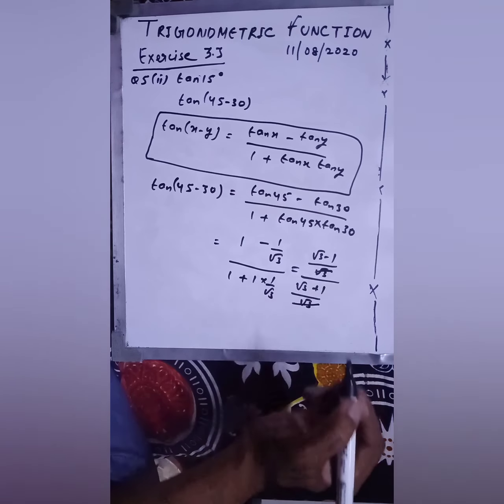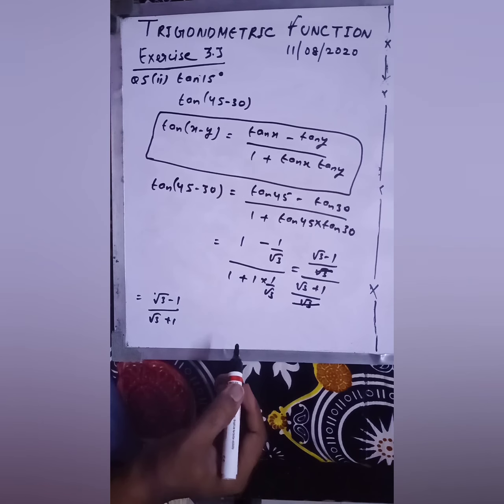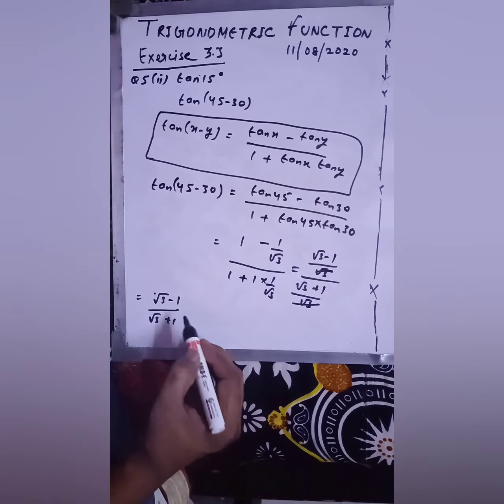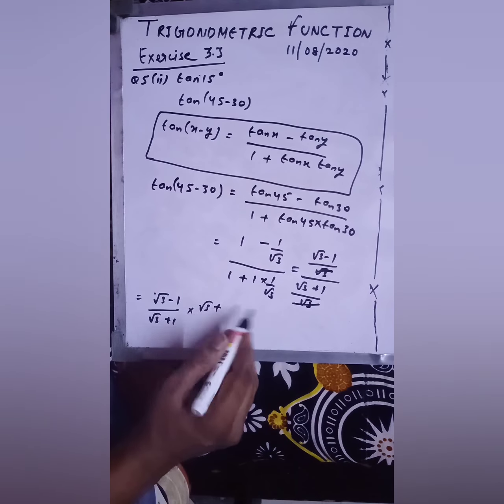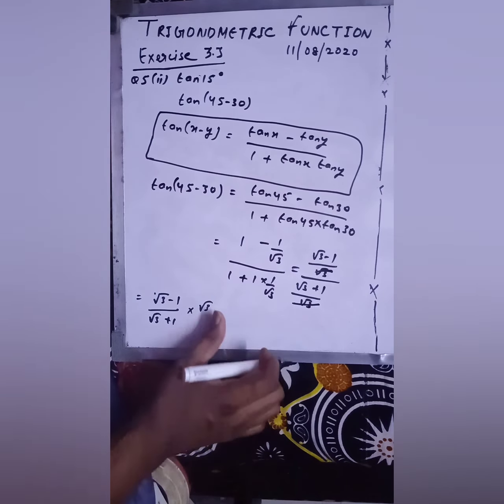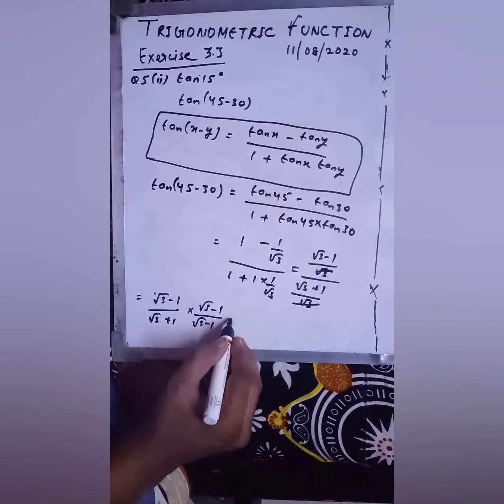So root 3 and root 3 will cancel out and you will get root 3 minus 1 over root 3 plus 1. After getting this, as you know, the root is in the denominator, so you have to rationalize it. So I am rationalizing it, and you will get this.